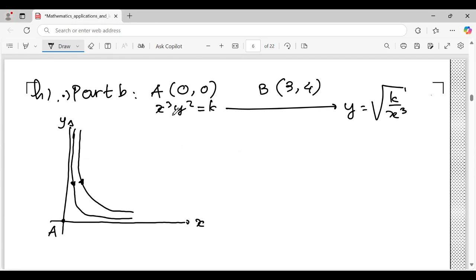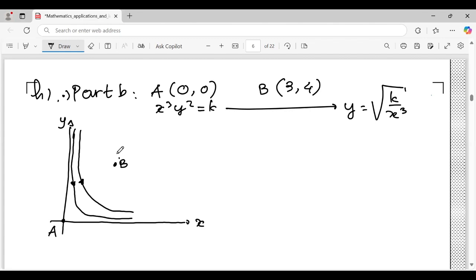Next, we are going to sketch the trajectories around the second equilibrium, 3, 4, around here. This is the second equilibrium. Near point B, the trajectories will be elliptical. Why? Because of the purely imaginary eigenvalues, the trajectories oscillate around this equilibrium.